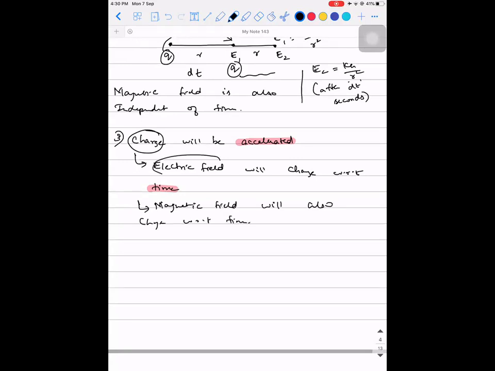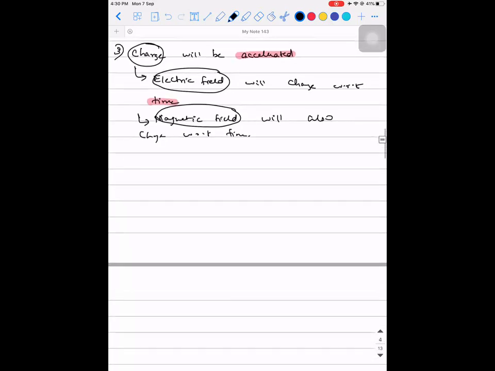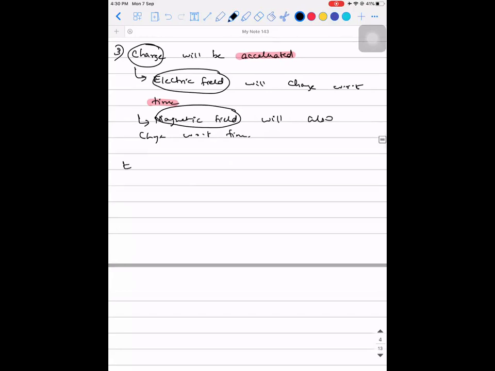When both are changing with respect to time, what is the source of an electromagnetic wave? This story and all, nobody will ask you to write. But what is the source of an electromagnetic wave? It is an accelerating charged particle.